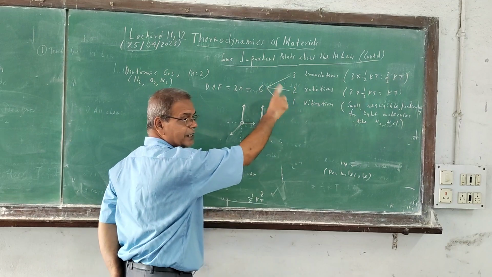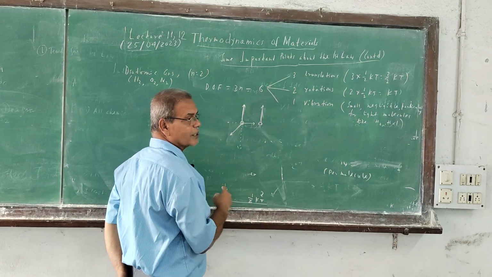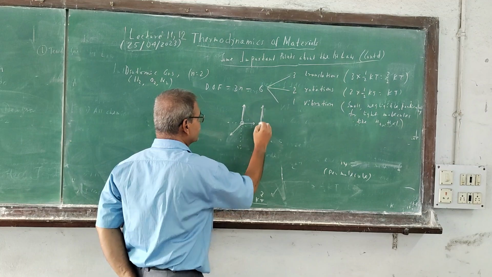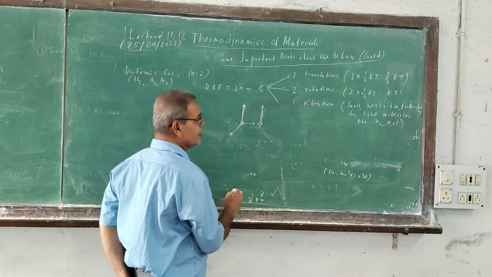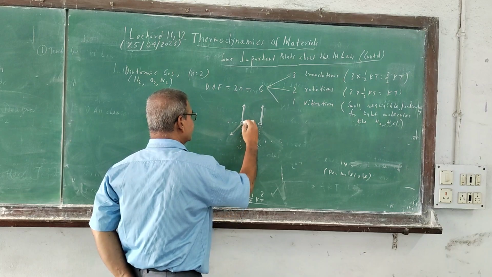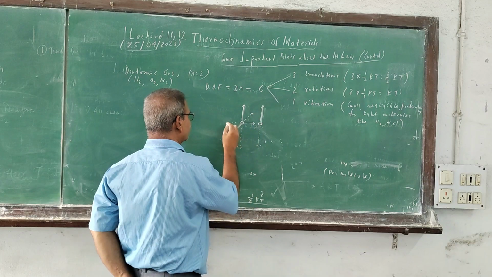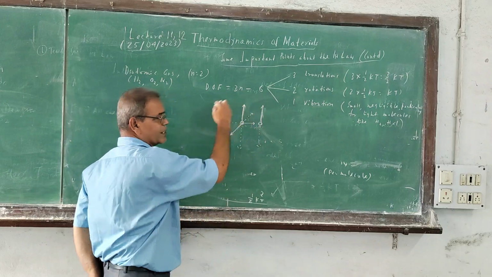I want to explain this 3 translation and 2 rotation, 1 vibration. So this atom also likewise, and dotted on the other side. So this is 6, actually 3 with this, and similarly 3 with this.